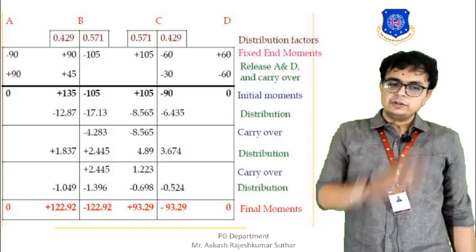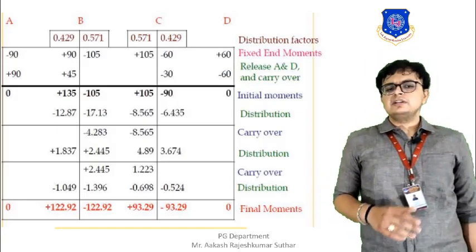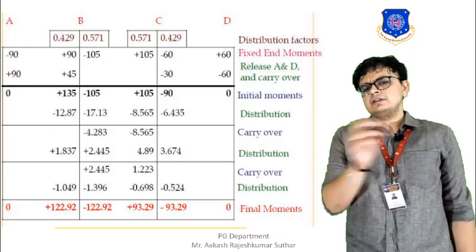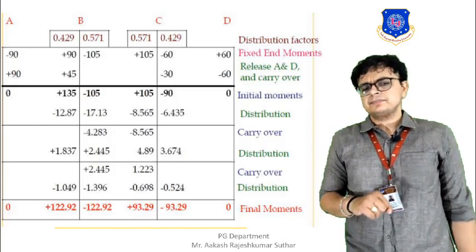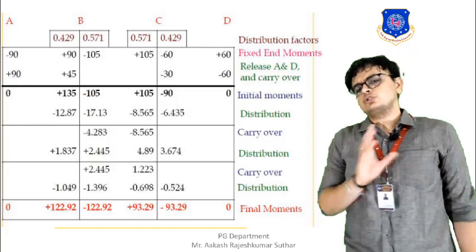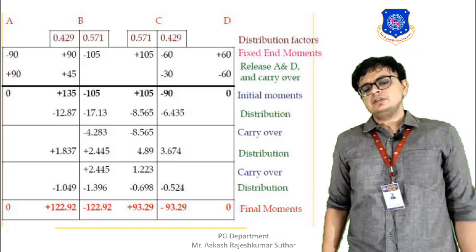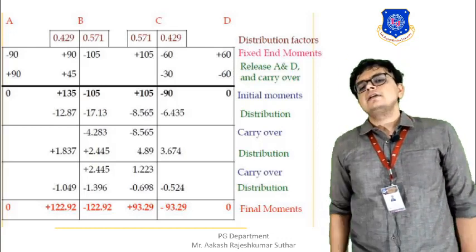Okay. So we have to take the distribution such that whenever the distribution comes with 0.01 or 0 point something or negative sign, at that time we have to stop the distribution, and after that we have to do the accumulation, the addition and the subtraction of the overall moments.